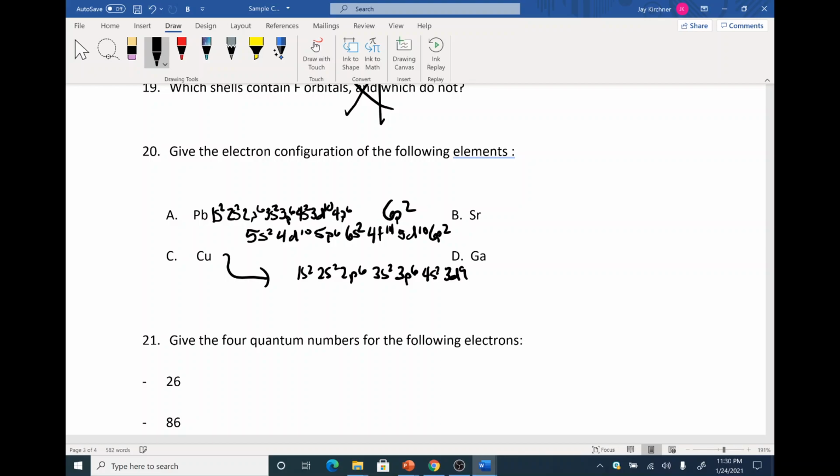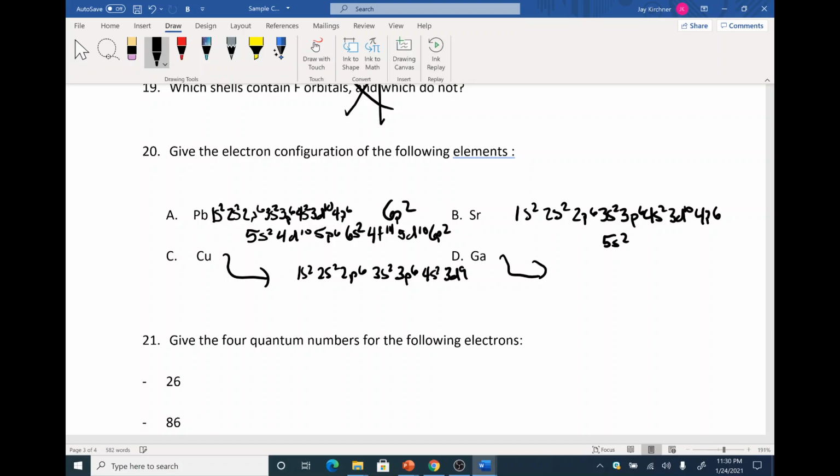Boy, this row is a 5s2 one, so go all the way to row 5. Just stare at your periodic table. 5s2. Yeah, I am 5s2. That's it.